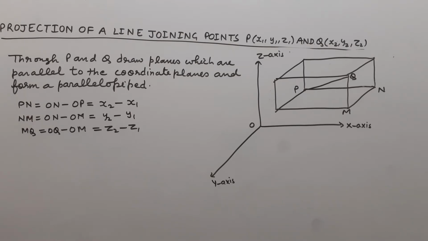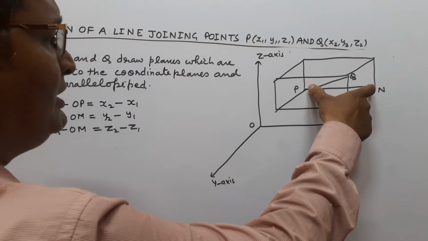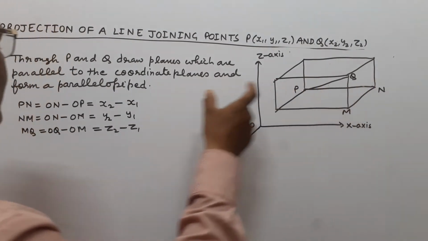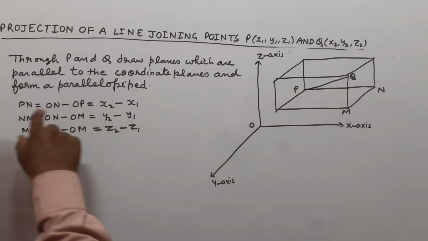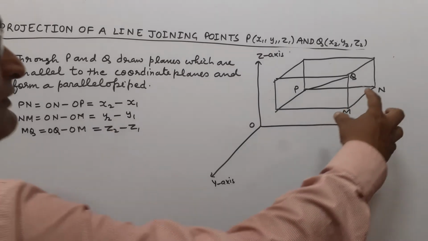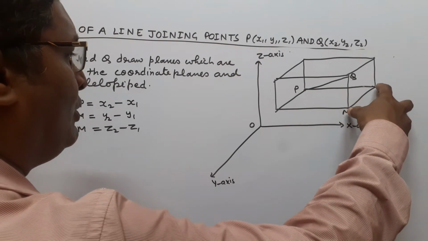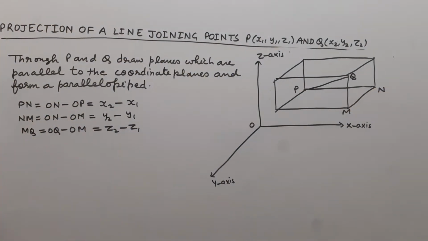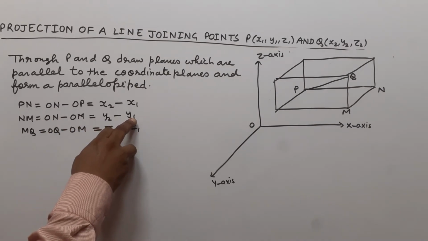So we find PN. PN can be found when we subtract OP from ON, that is x2 minus x1. We find NM when we subtract OM from ON, and we get y2 minus y1.